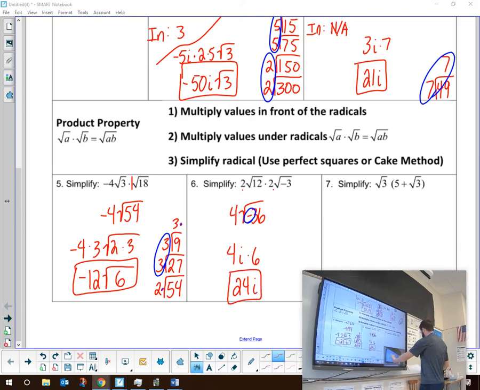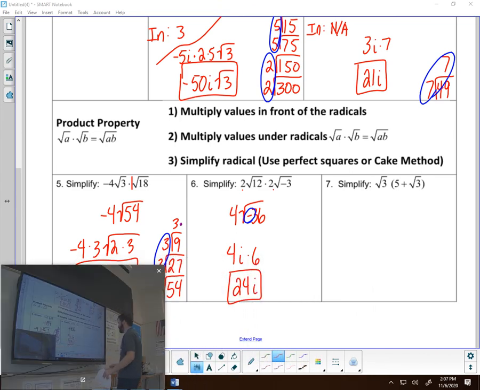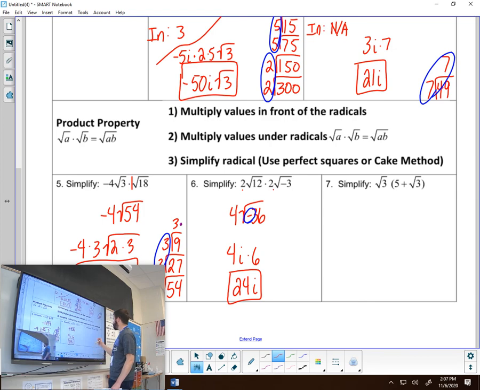Okay, our last problem here, number 7. We're going to do the square root of 3 times 5 plus the square root of 3 times the square root of 3. We're going to distribute. Okay, the square root of 3 times 5 is 5 square roots of 3. Plus, the square root of 3 times the square root of 3 is the square root of 9.